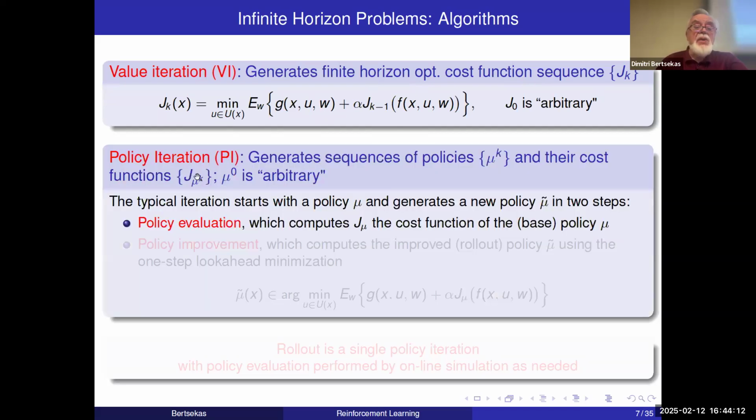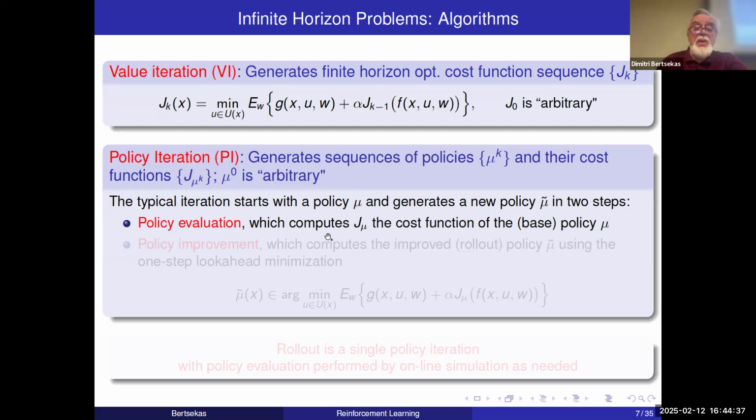And the other algorithm is policy iteration, which instead of generating a sequence of cost functions, generates a sequence of policies, mu k, and their cost functions. The initial policy is arbitrary, and the typical iteration here consists of two steps. Given a policy mu, it generates a new policy, mu tilde, in two steps.